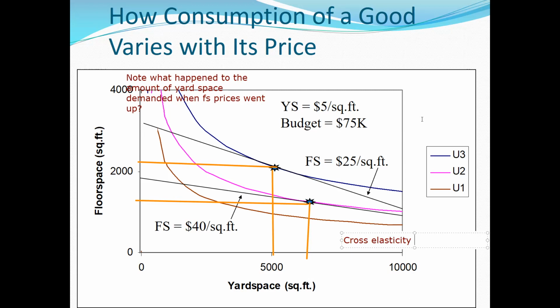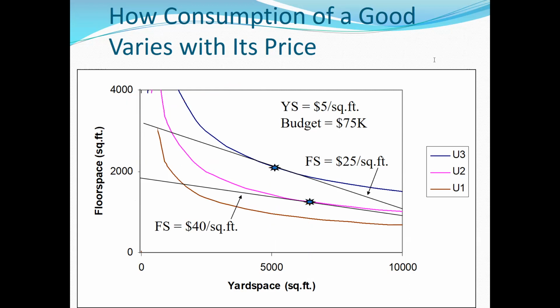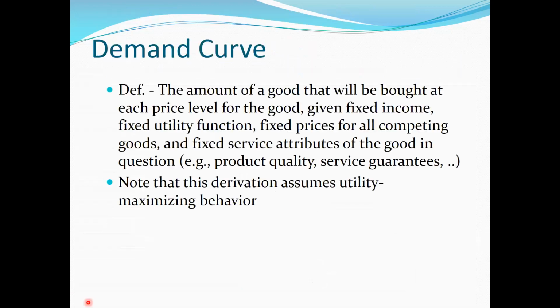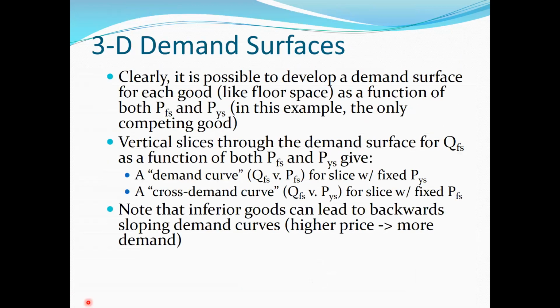Okay, so let's go back a slide. That's what we call the cross demand curve. A demand curve plots the quantity for the same good or service. A cross demand curve plots quantity for the competing good or service.